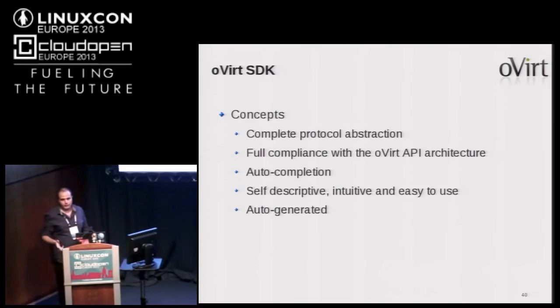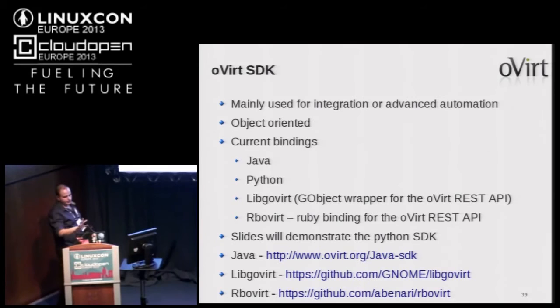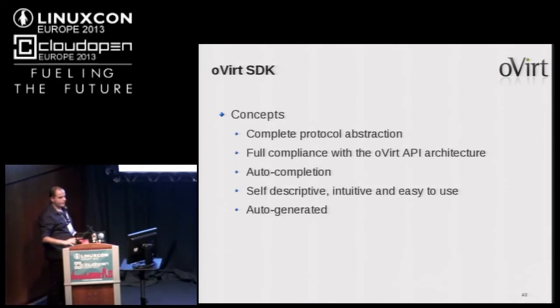It's auto-generated, so once we have a new change to the API, if we do it properly, it will propagate from the engine to the API to the SDK, the Python SDK, the Java SDK, the CLI, everything will be updated. I can't say that for RbOvirt and libgovirt because they are different libraries, but the Java and the Python SDK are completely auto-generated.